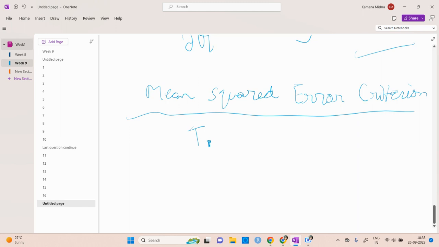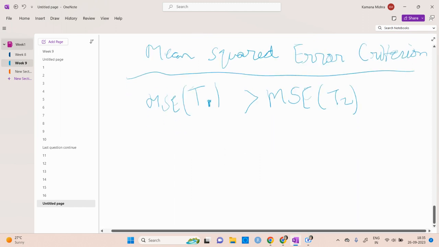Mean squared error means how much error this estimator has. So if MSE of T1 is greater than MSE of T2, then what do you think? Which one is the better estimator, T1 or T2, just on the basis of what I have told you till now?